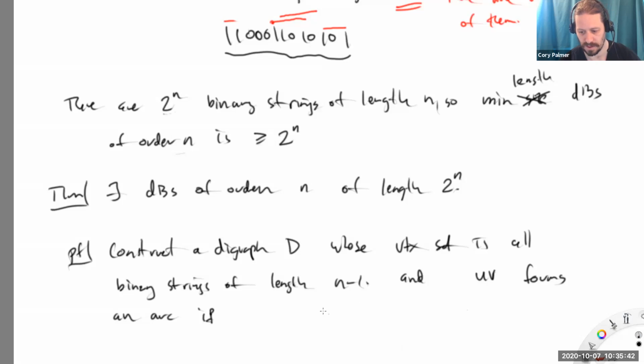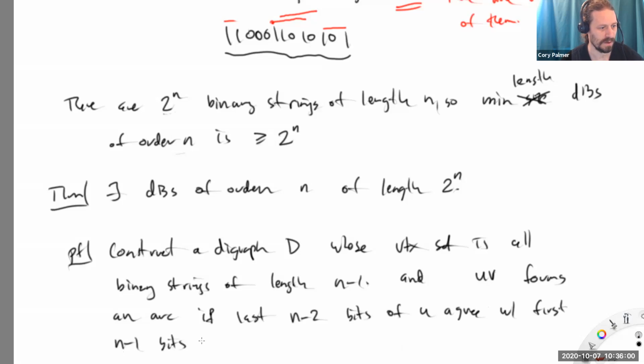So if the last n minus 1 bits of U are identical to the first n minus 1 bits of V.